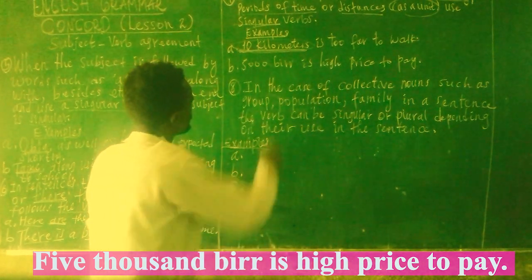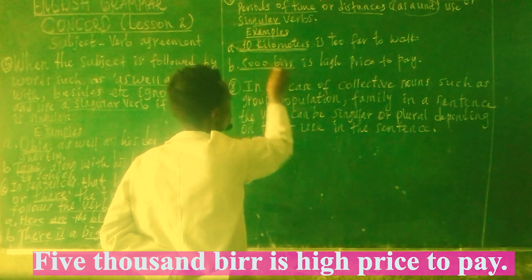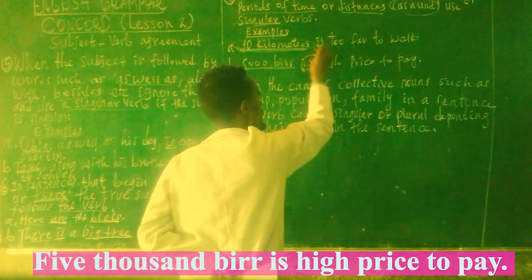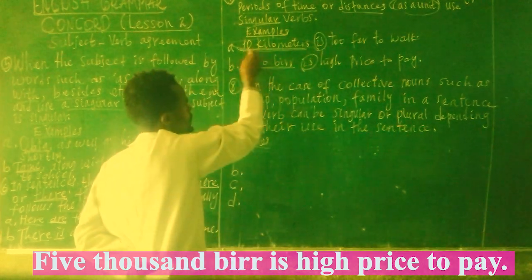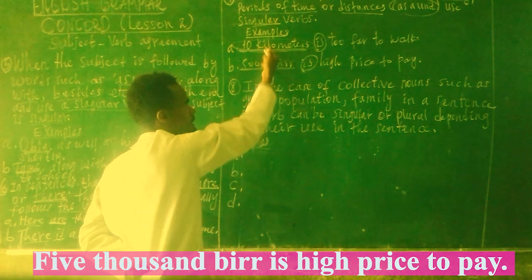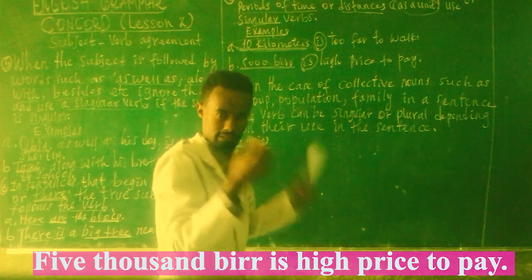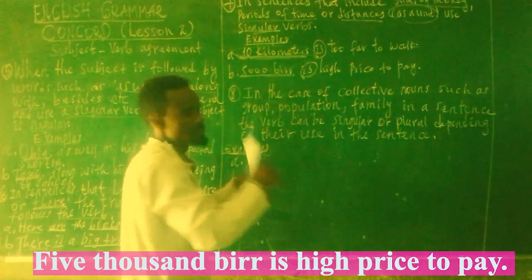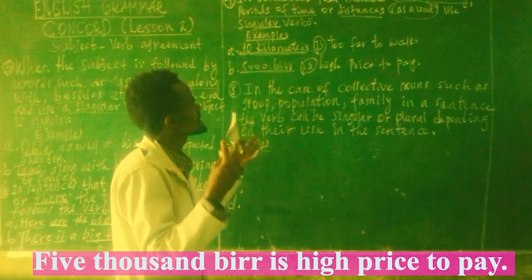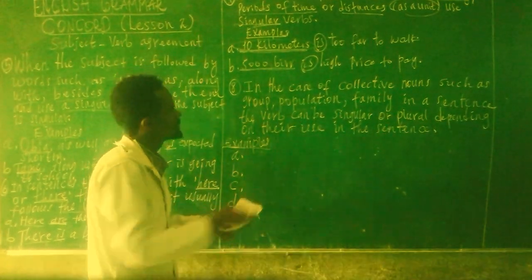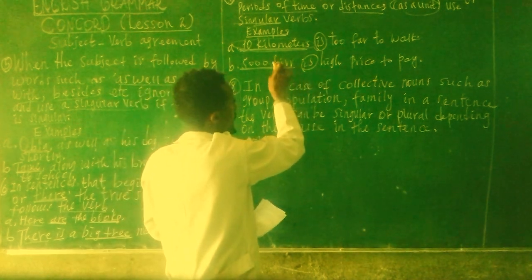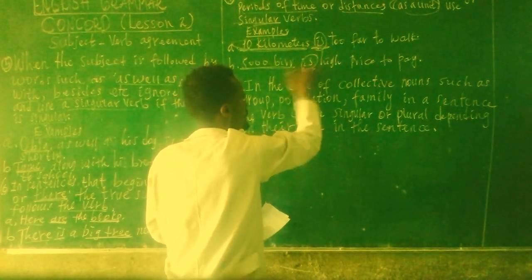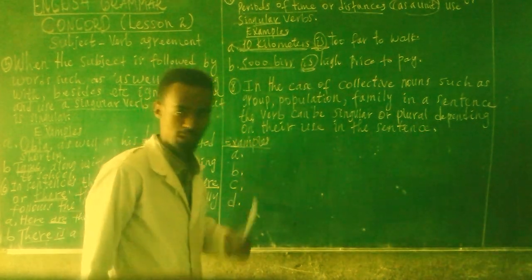As you can see, 5,000 birr is, again is, because these are units. They are taken as a unit. When we take the subjects as a unit, like sums of money, distances, and periods of time, they are taken as singular subjects, so they must take the singular verbs.